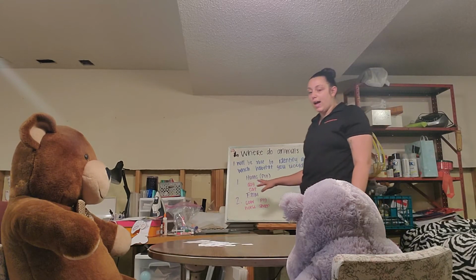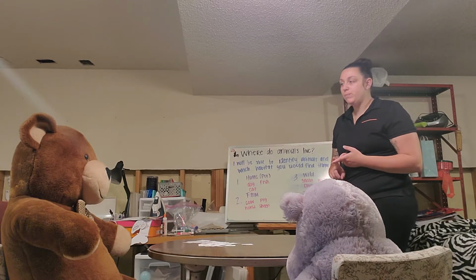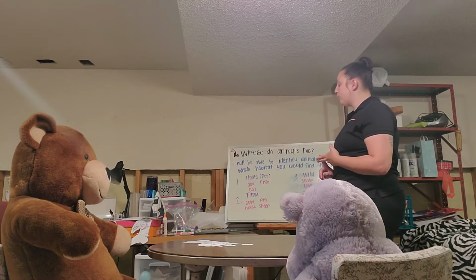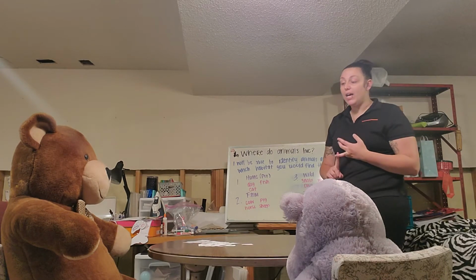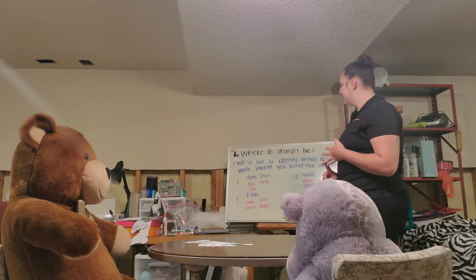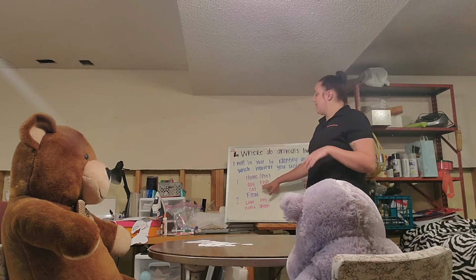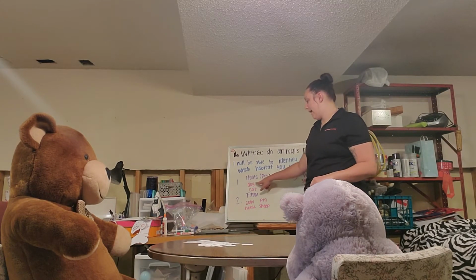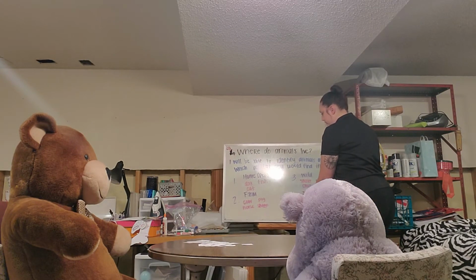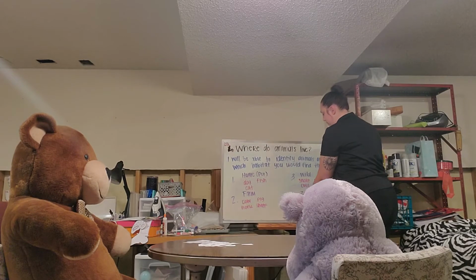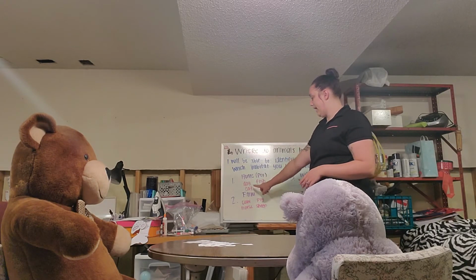So yesterday I asked you guys about animals you would find at home, like your pets, animals you would find on a farm, animals you would find in the wild, and animals you would see at the zoo. You guys told me yesterday at home we might have a dog, a fish, or a cat.